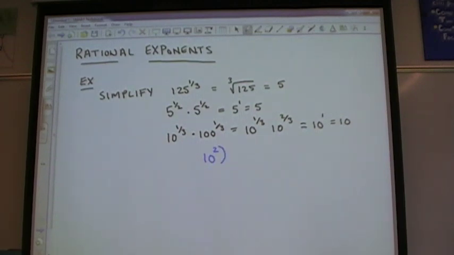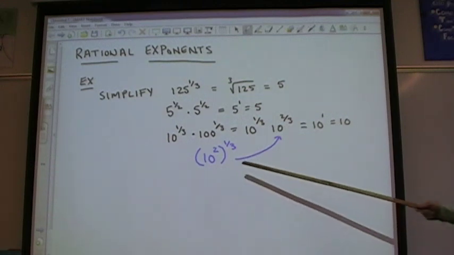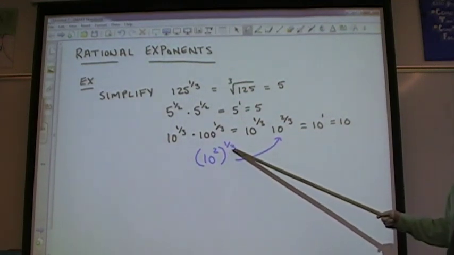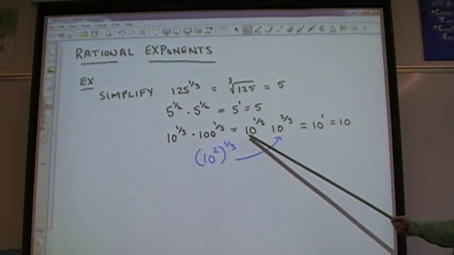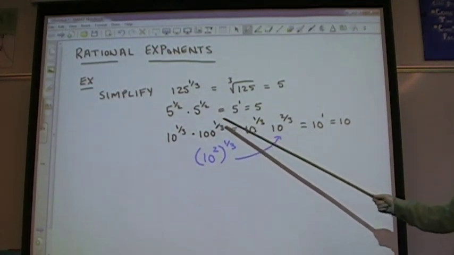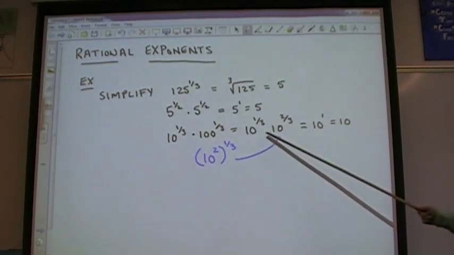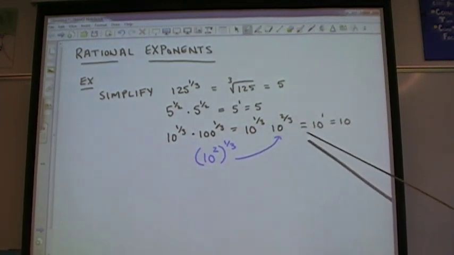I rewrote the 100 to the 1/3 as 10 squared to the 1/3, which is 10 to the 2/3. Once the bases are the same, you do the same thing we did up here. Add the exponents. 1/3 plus 2/3 is 1, so 10 to the first is 10.